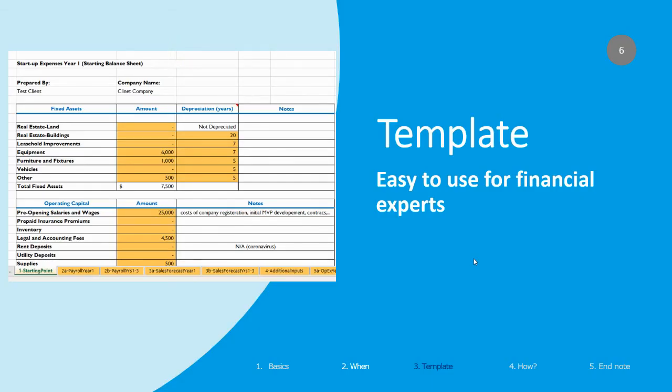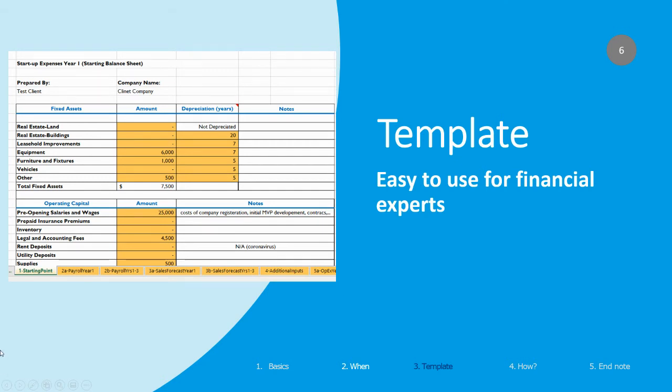We have a simple, very good, easy-to-use template developed, which can be used by financial experts. Right now, I'm going to take a look at the template.